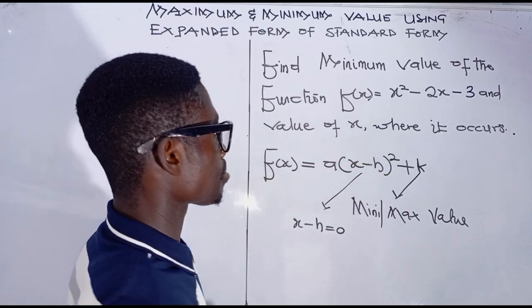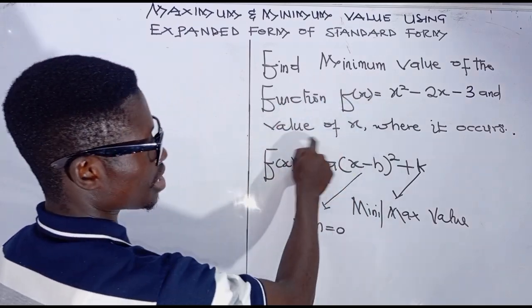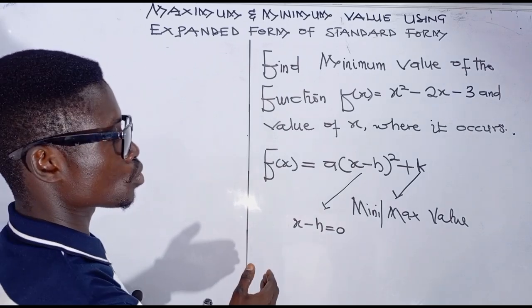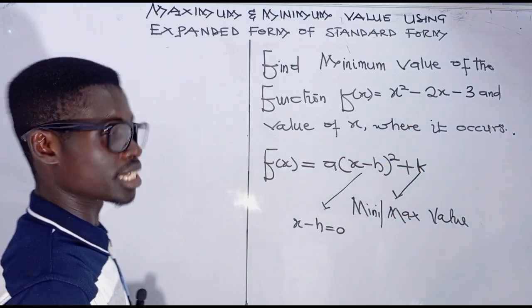Let's go through it. So we want to find the minimum value of this function and the value of x where it occurs. So what we are going to do here is to equate the standard form to the quadratic function given.